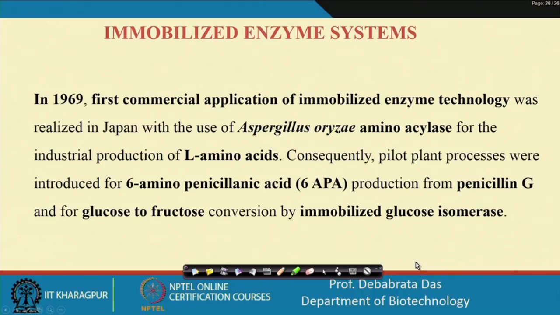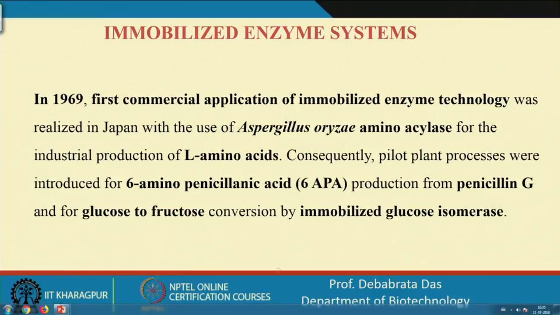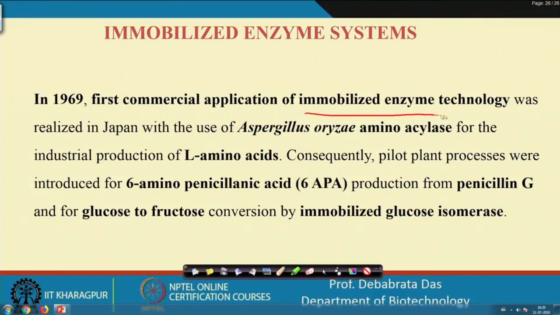Now in 1969, the first commercial application of immobilized enzyme technology was realized in Japan, using the Aspergillus oryzae aminoacylase for the industrial production of L-amino acid.